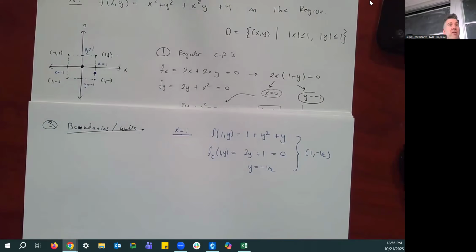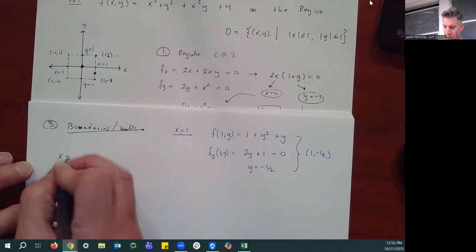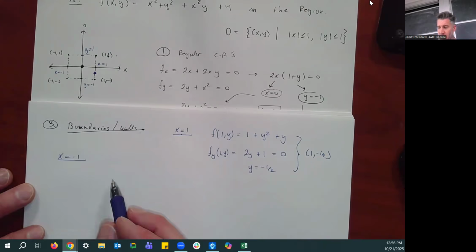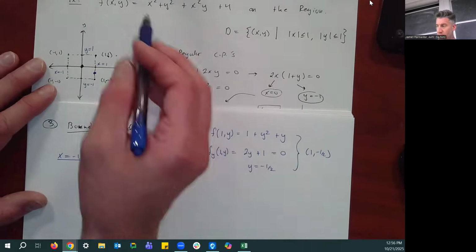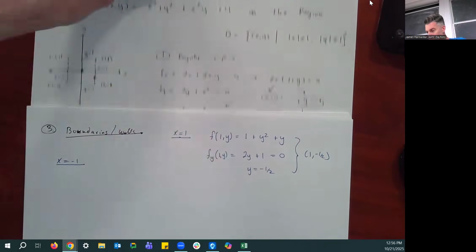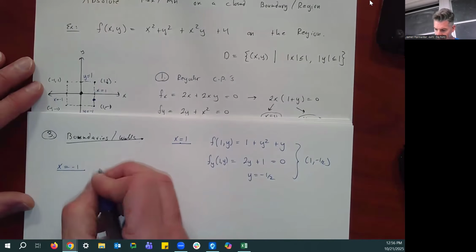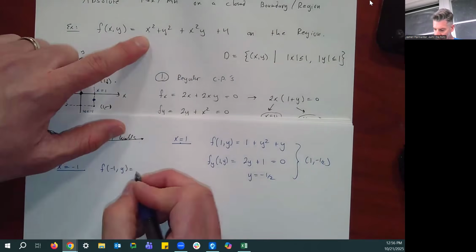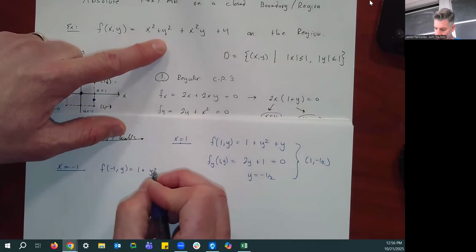So we're going to do that 3 more times. We're going to do it for x equal to -1, y equal to -1, y equal to +1. So we do it for x equal to -1, we're probably going to get a similar result. It might not be the same, but let's check. If I plug x equal to -1 into my original function, I'm going to have f of -1 comma y, and that's going to be 1 plus y squared plus y.